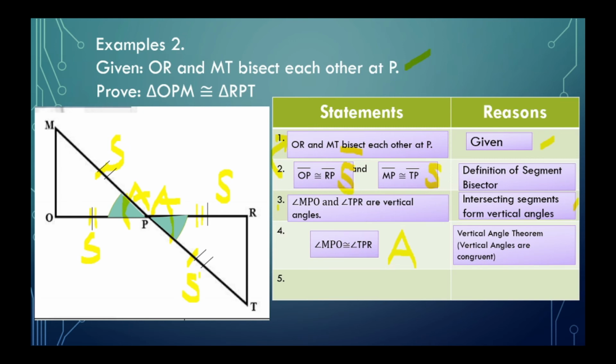Kung napatunayan natin, gamit yung postulate. Okay, so our statement number 5 will be the proof, which is triangle OPM is congruent to triangle RPT. So, reason, bakit naging congruent yung dalawang triangle? So, because we already have this postulate because of the SAS congruence postulate.